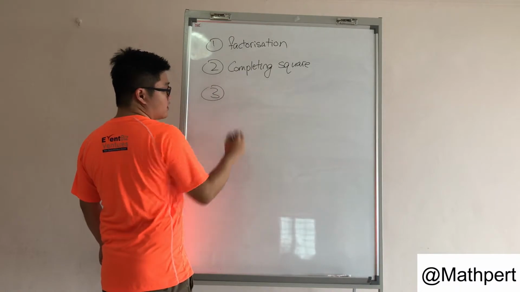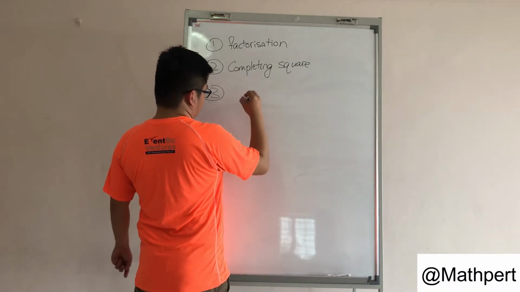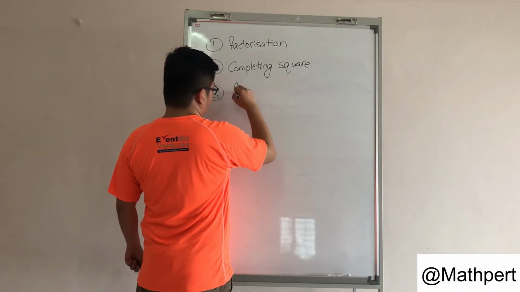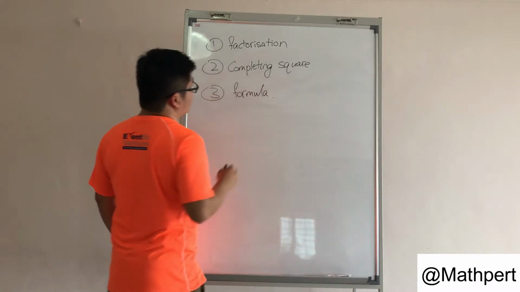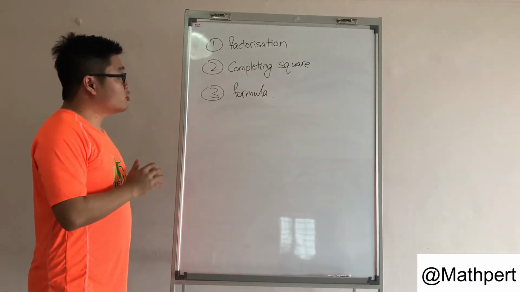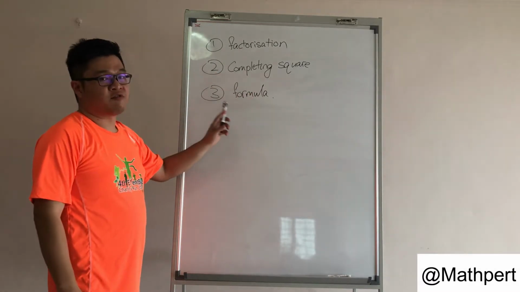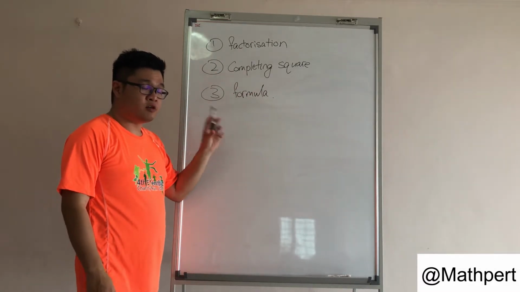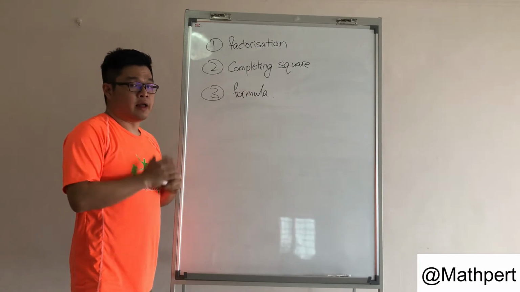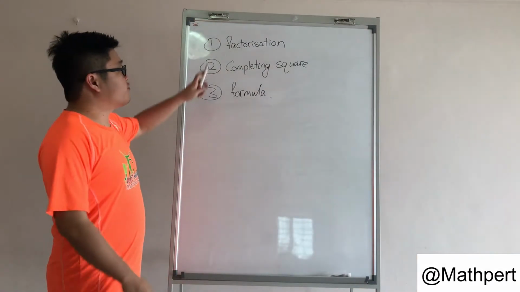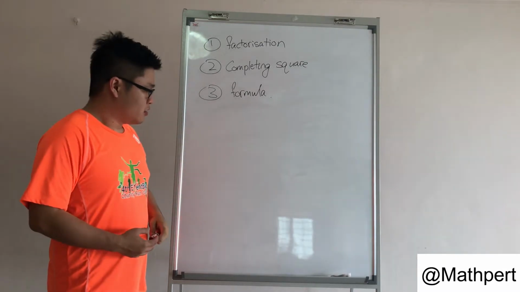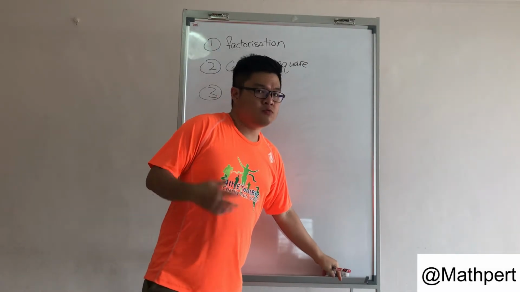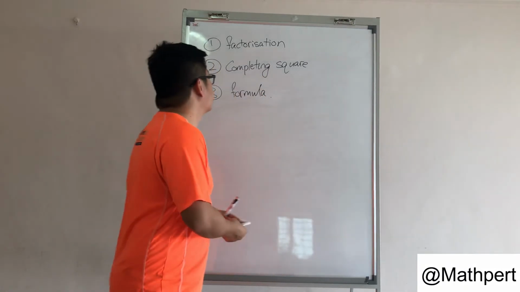And the third method is the formula. By using these three methods, you can find the roots of the equations and solve them. So what is factorization? What is completing the square? What is the formula? How do these methods work?